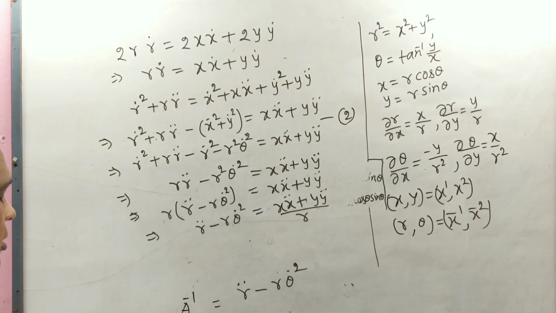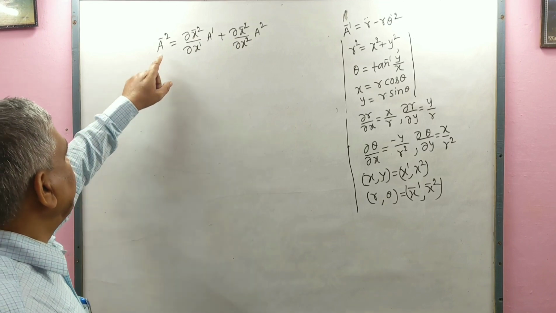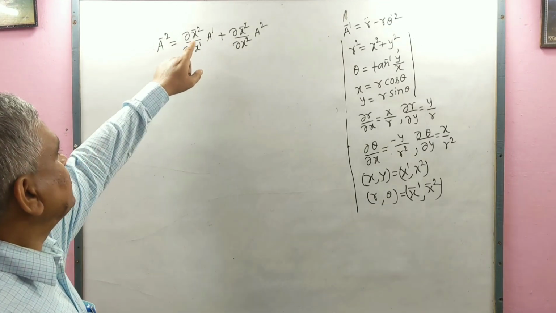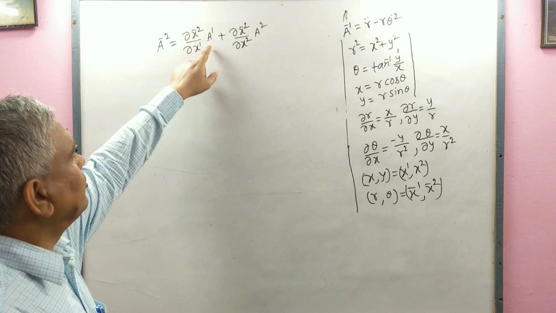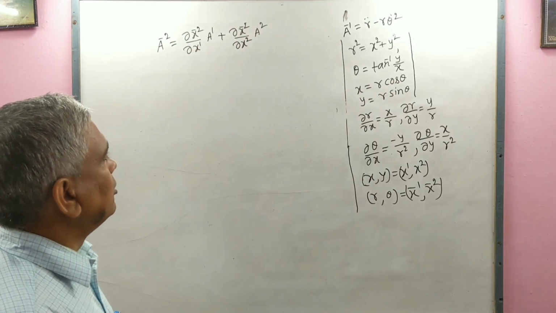So this is the first component of the contravariant vector in the polar system of coordinates. Now a bar 2 equal to del x bar 2 by del x1 a1 plus del x bar 2 by del x2 a2.